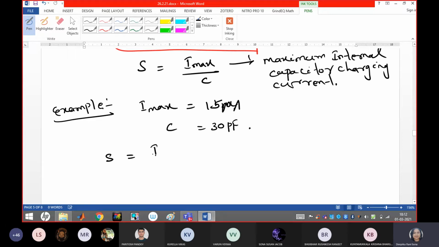S equals Imax by C. Here it is 15 microamps and the capacitor is 30 picofarad. Pico represents, guys, 10 to the minus 12. So what should be the answer?